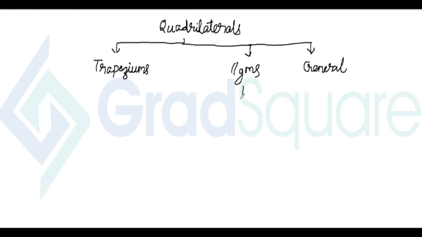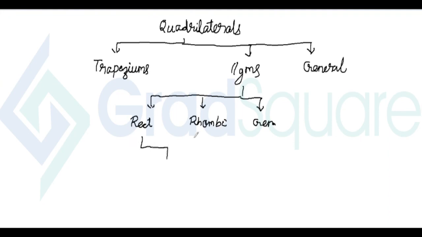Now, if I take parallelograms, I can say that parallelograms are of several types. Some are rectangles, some are rhombi, and again, some are general parallelograms. And some types of rectangles and some types of rhombi will give you squares.